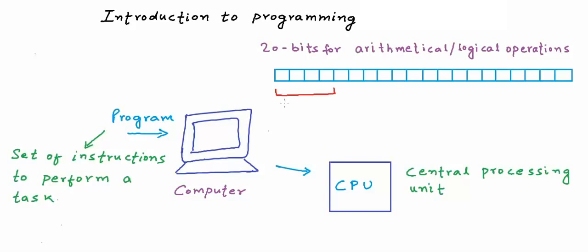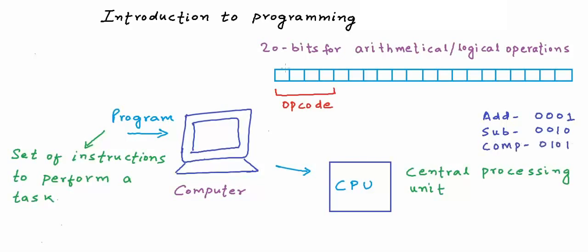We typically write shortcut opcode for operation code, and operation codes will also be specified. Let's say operation code for add in 4 bits is 0001. Let's say operation code for subtraction is 0010, and there can be other operations like comparison. Let's say comparison is 0101.